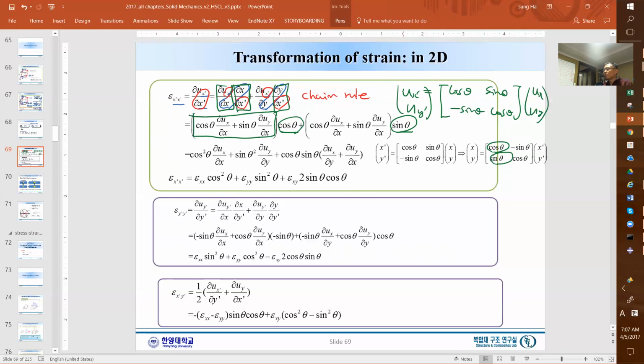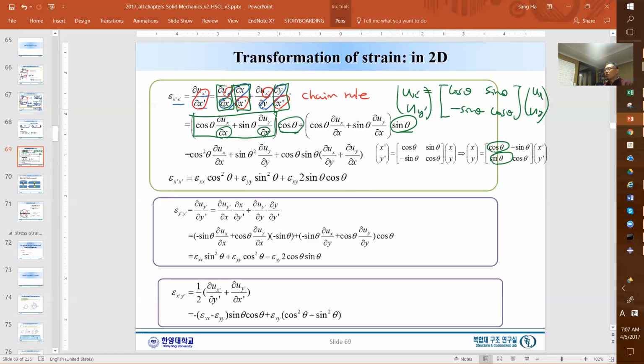So the derivative of ux prime with respect to x is cosine theta ux, x comes from here, and also ux prime has a second term, sine theta and uy, and there's x.